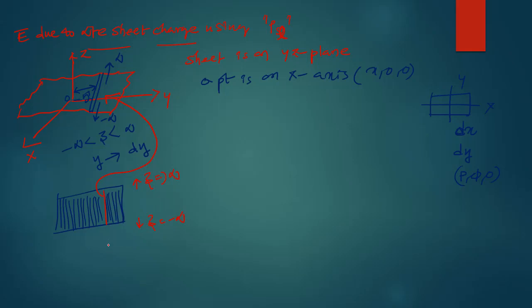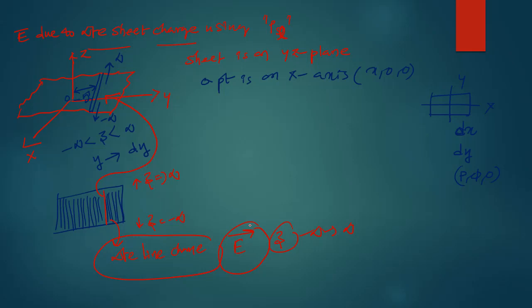So it is an infinite line charge. Due to this infinite line charge, I have to calculate the electric field. Then I will integrate this electric field by changing z from minus infinity to plus infinity. That is what I am going to do now.